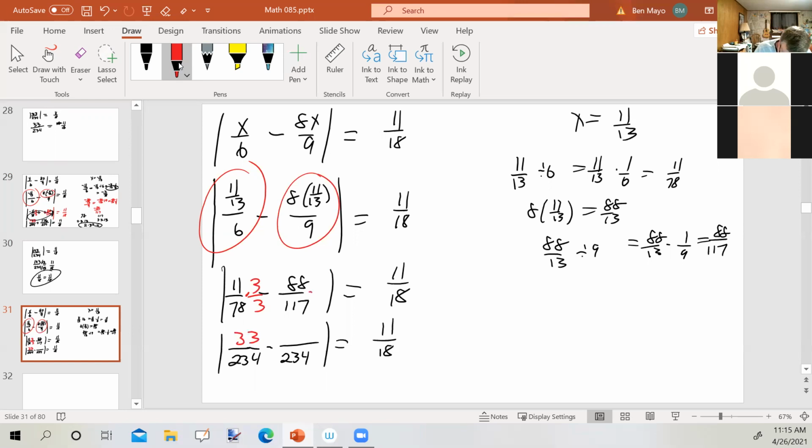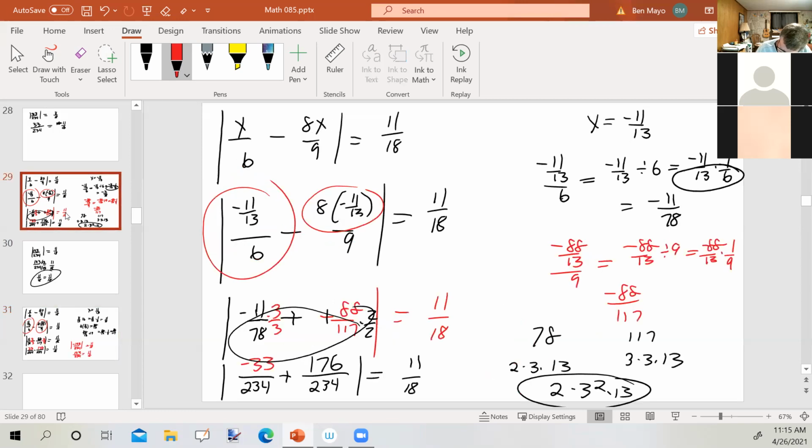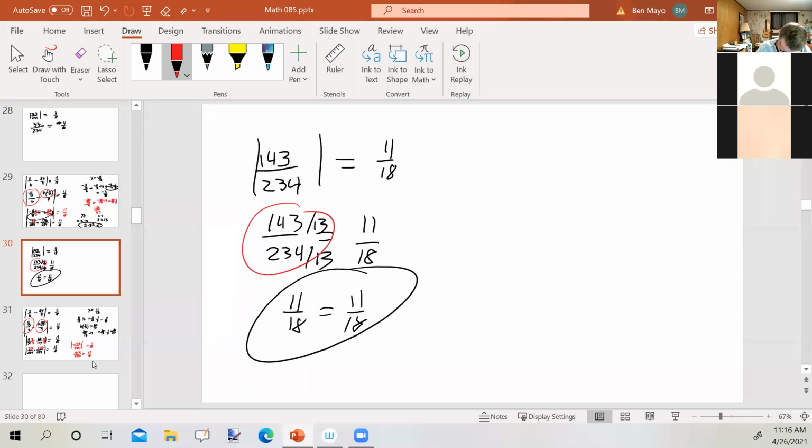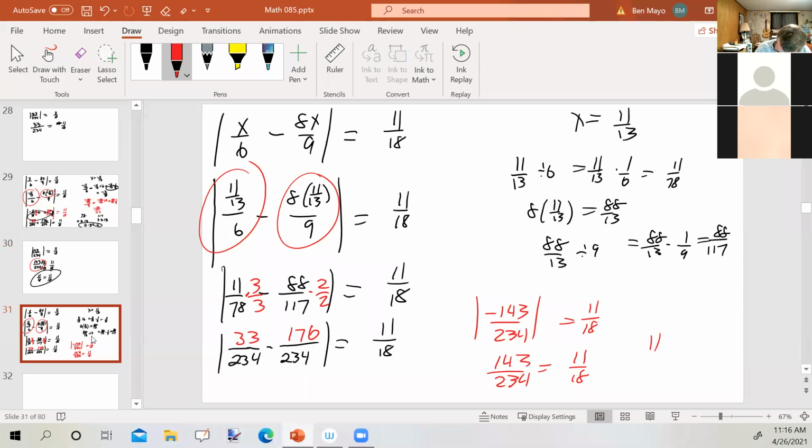And I'm going to multiply by 2 over 2, which gives me minus 176 over 234. 33 minus 176, I get negative 143 over 234, the absolute value of which is 143 over 234. And we end up with the same, let's see, where did we have that? We had 143 over 234 in the last one. So that reduces down to 11/18 equals 11/18.